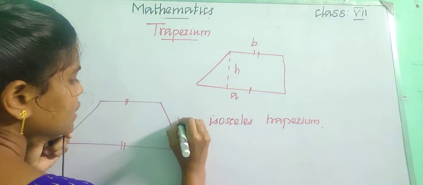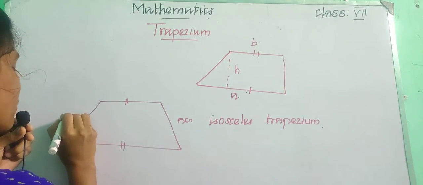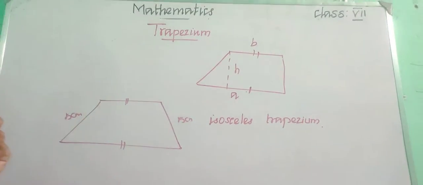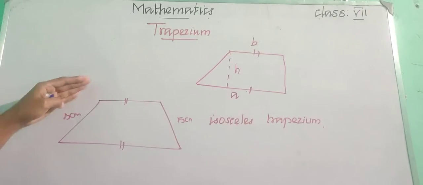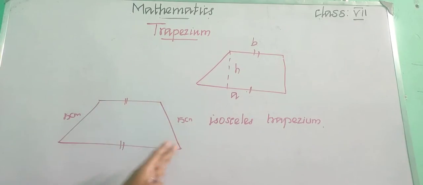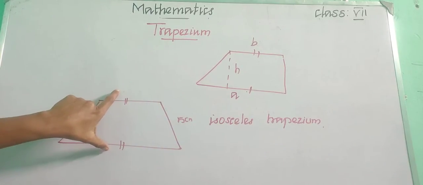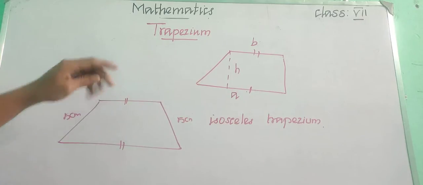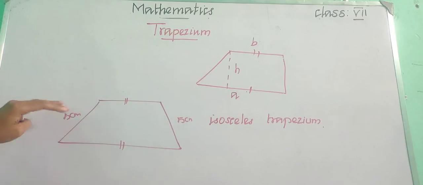See here, if it is 5 centimeter, this will also be 5 centimeter. So if we have two parallel lines in a trapezium and the opposite sides are equal, we'll call it an isosceles trapezium.